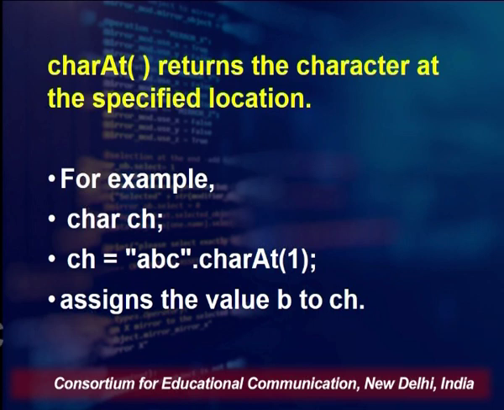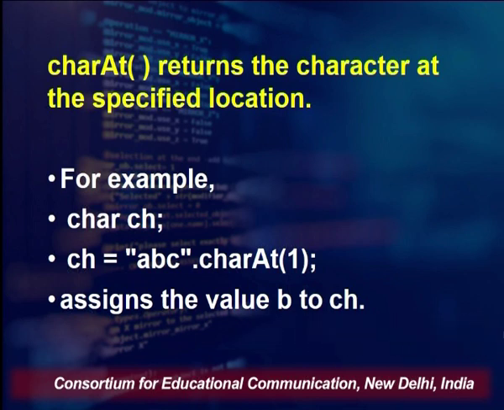Now how to use it. A general example is given here. We have a character variable named ch, and then we take a string ABC, which is a literal taken inside double inverted commas, which says ABC dot char at 1.